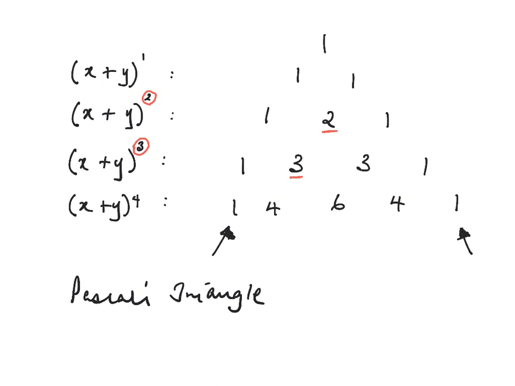Also notice that if we add the two terms above, so 1 plus 1 will give us a 2, 1 plus 2 will give us a 3, 3 plus 3 will give us a 6, and so on. Notice as well that the numbers are symmetric. So we have a 1 and a 3 starting this row, and we have a 3 and a 1 finishing the row.